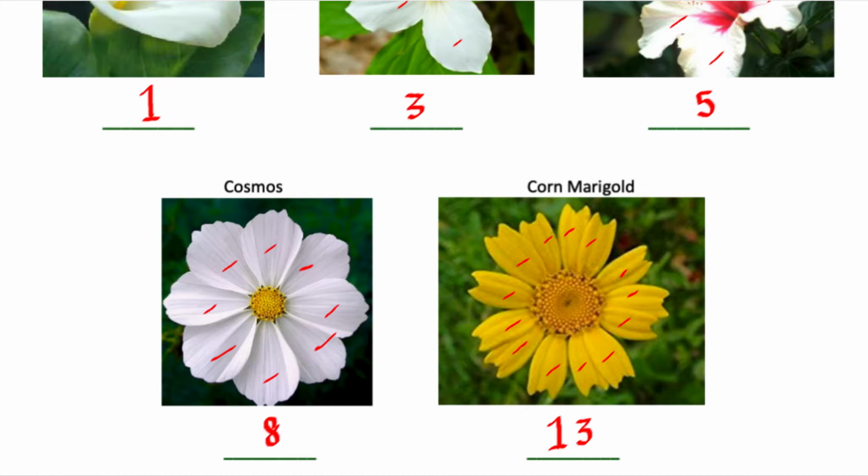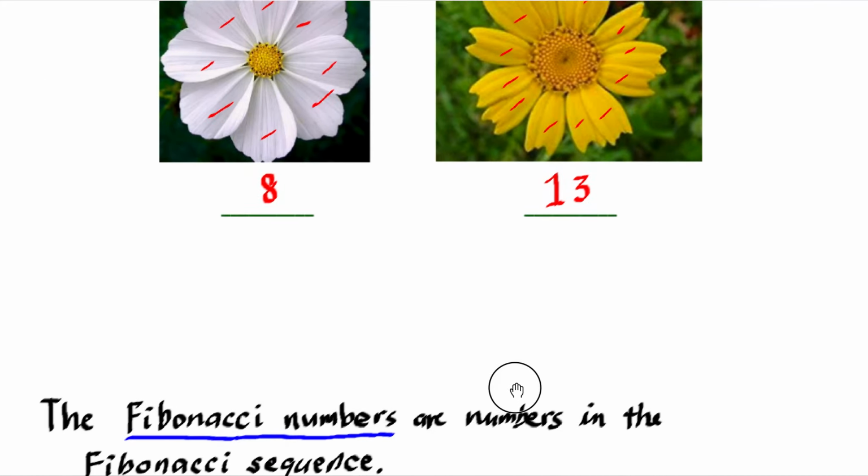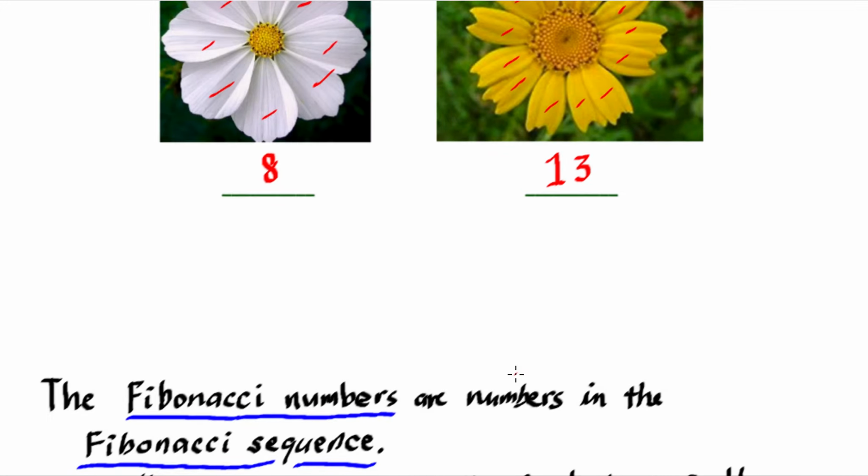These Fibonacci numbers are the numbers found in the Fibonacci sequence. The numbers we saw are shown in the Fibonacci sequence over here. They're just numbers found in the Fibonacci sequence.